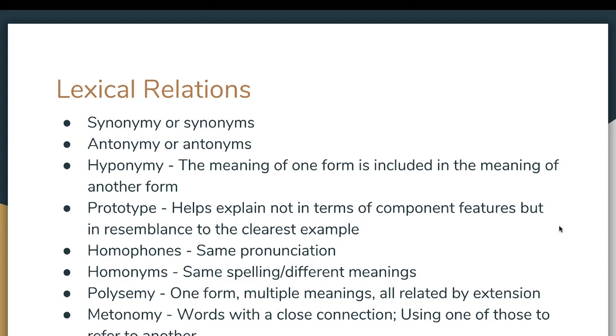Okay, so if we were trying to describe a bird, we might give robin as an example. Okay, so we might use that word instead of saying things like it has feathers, it flies, it has wings, but we might instead think about the clearest example to us.